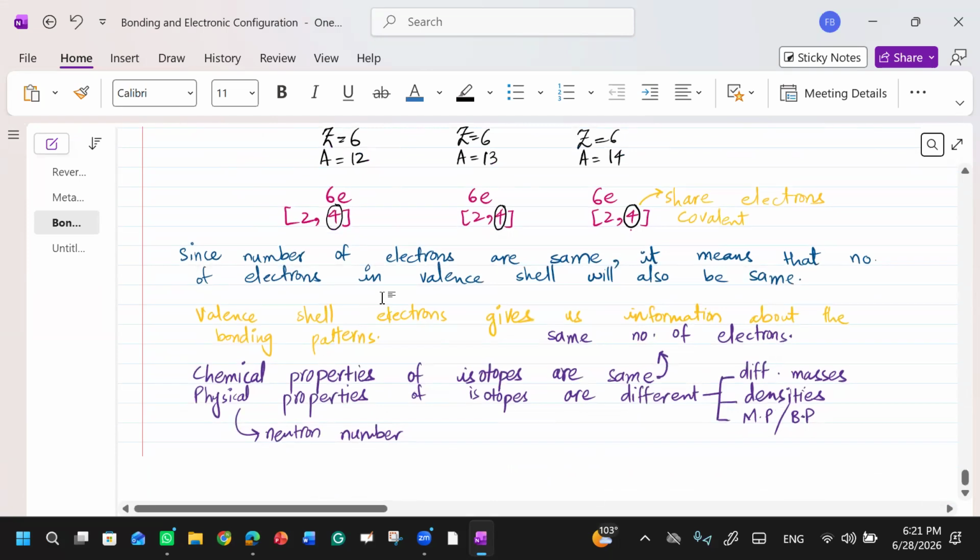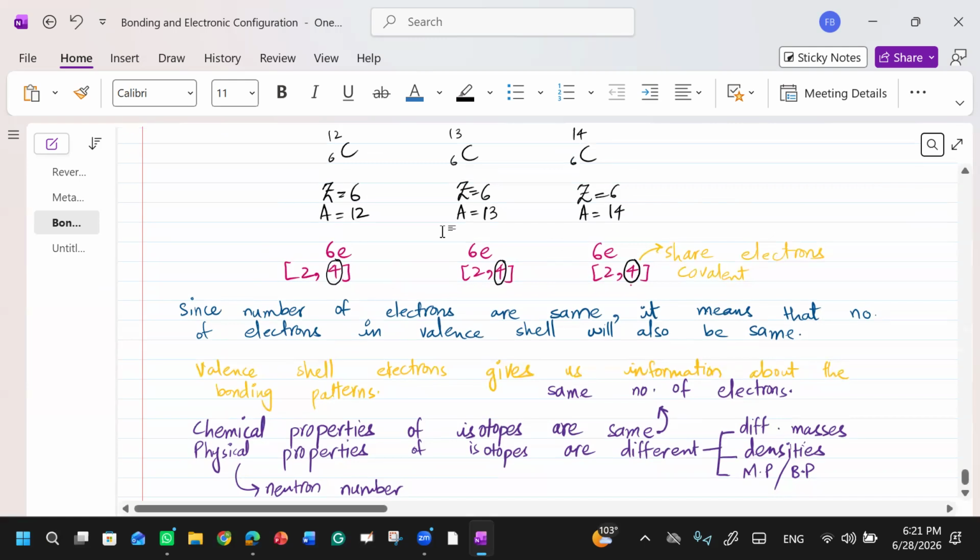Because they have the same number of protons and electrons. Chemical properties are specifically dependent on the number of electrons in the shell, okay? And I told you that since all of these three isotopes have the same number of electrons, it means the valence shell electrons will also be the same, right?